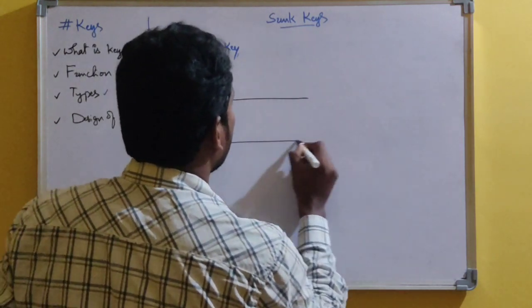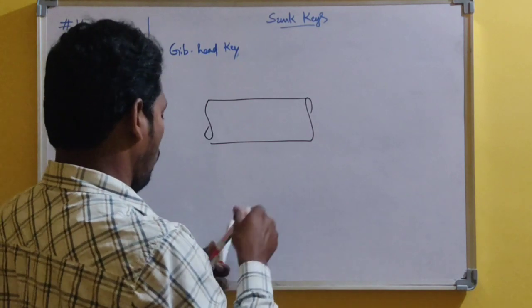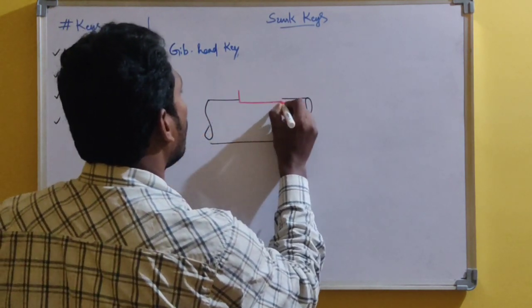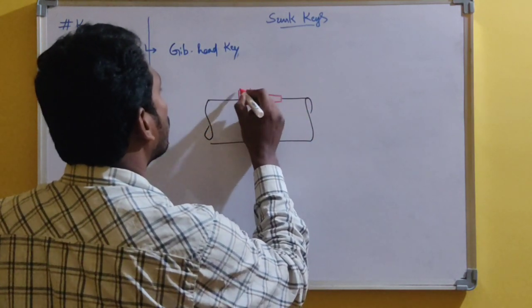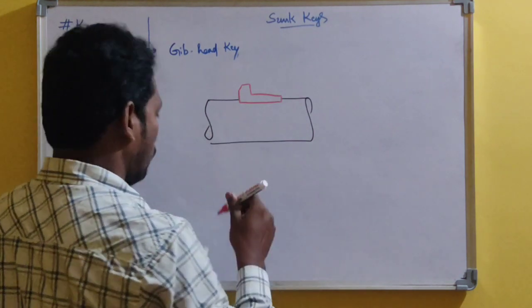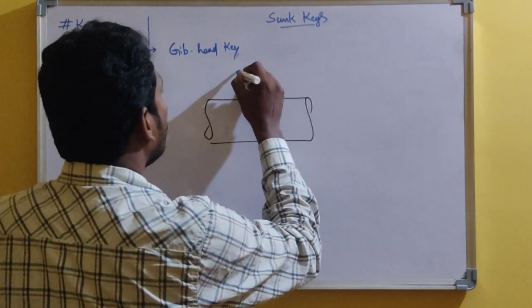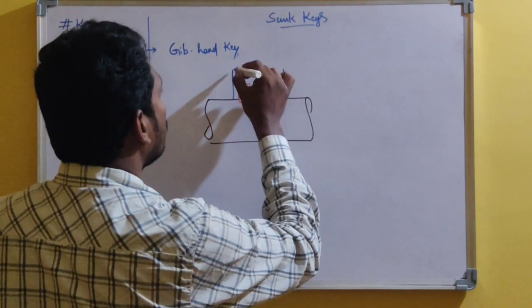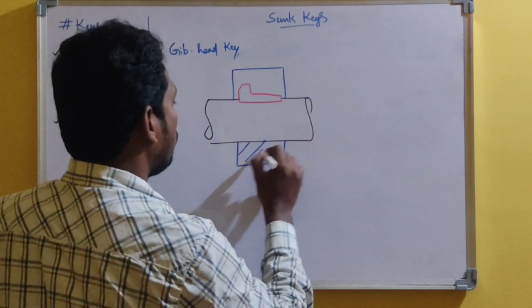See in this diagram, this is the solid shaft, and this is the key. This one is a hub or boss.